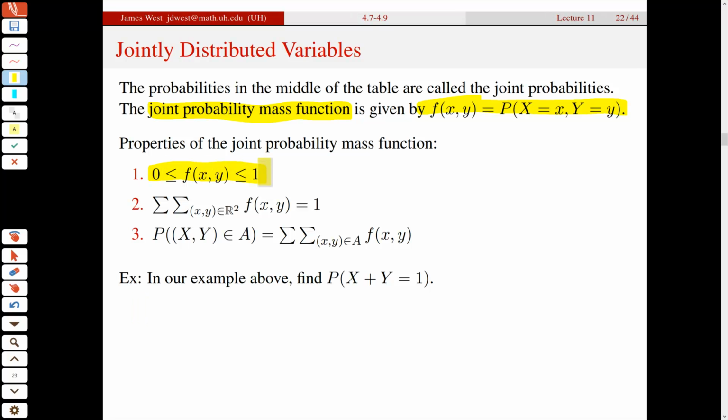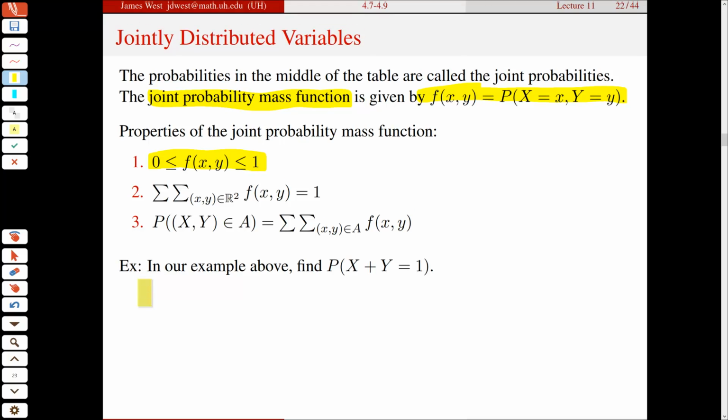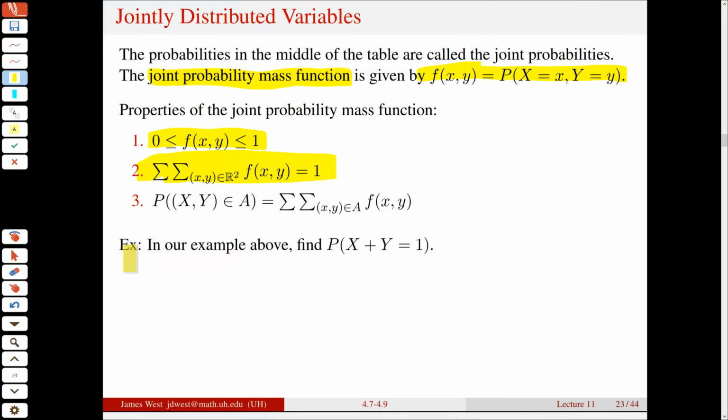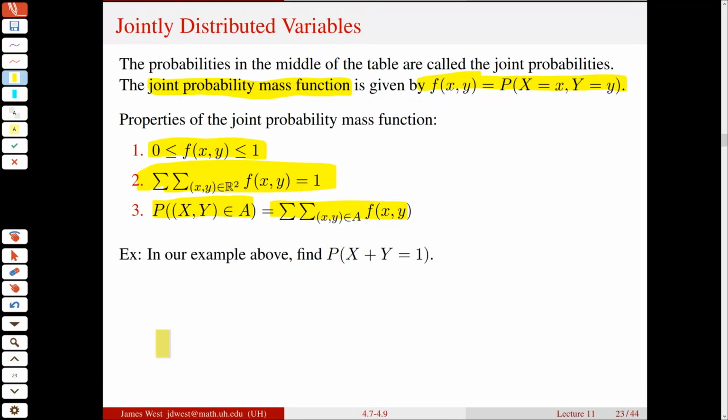The function must be between 0 and 1 for every pair of x and y. The values must sum up to 1, and the probability that x, y is in some set A is the sum of all x and y in A, f of x, y.